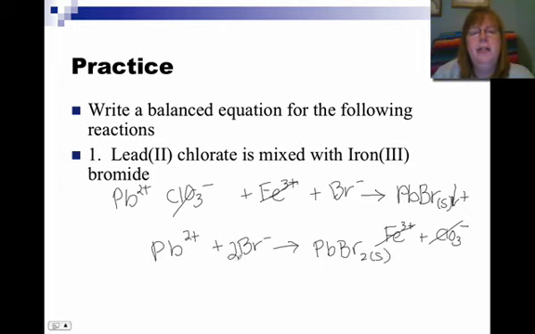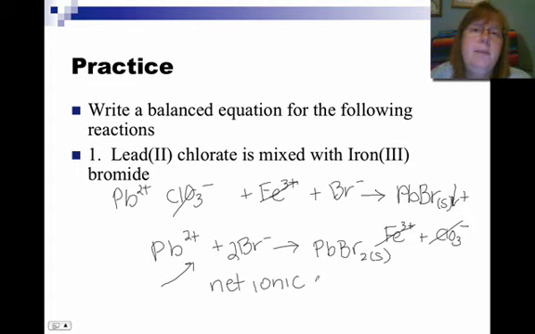Put a 2 out front here, and now we're balanced. That's as easy as it is. We just have to look and see what is balanced. This equation that I wrote right here is called a net ionic equation, and a net ionic equation is one where we have completely removed all the spectator ions.